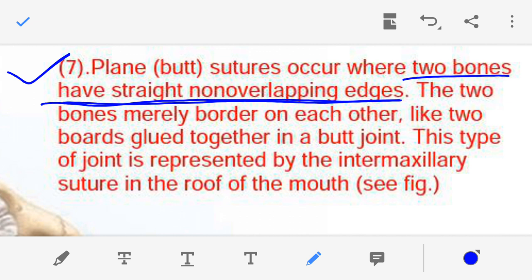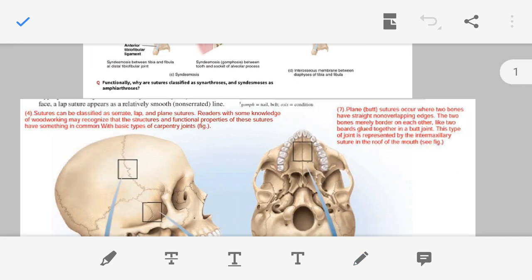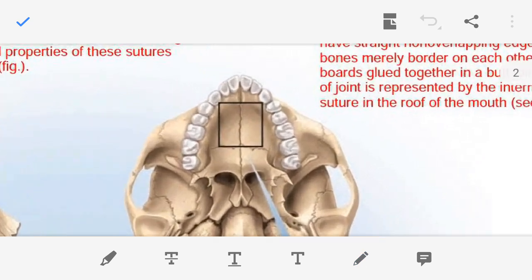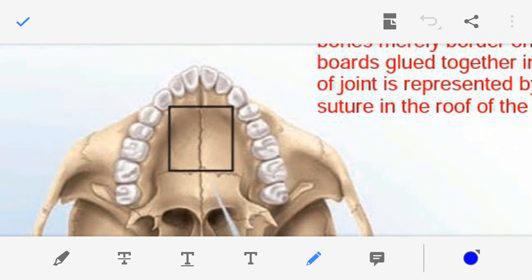For example, the intermaxillary suture. We know that in the formation of the hard palate, there are two maxillary bones. For example, this is a maxillary bone and this is a maxillary bone.